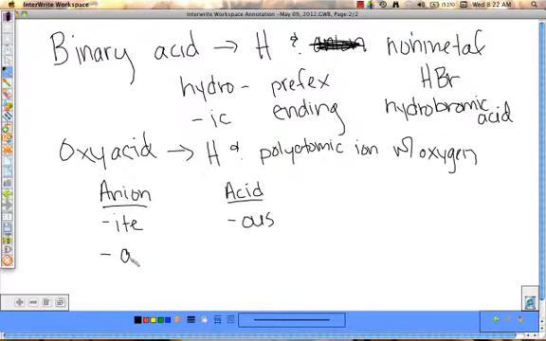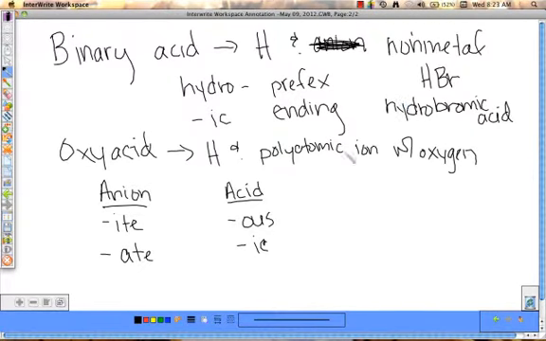And if it has an ATE ending, it's ic. You don't change any of the prefixes, so if the anion already has a prefix added, like hypo or per, you just leave that in the acid name also.